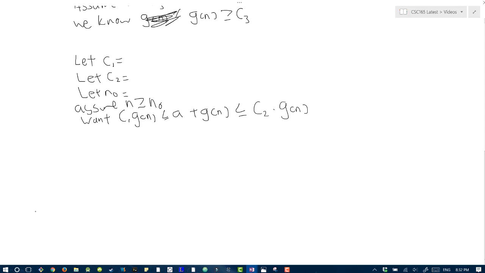Okay. So first of all, we can get this part pretty easily, because if we let C1 be equal to 1, then we have g(n) smaller than or equal to g(n), which is true, and then we multiply by C1, which is just 1, which is still true.